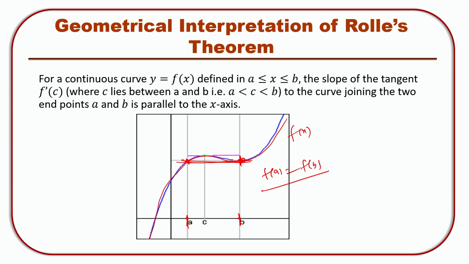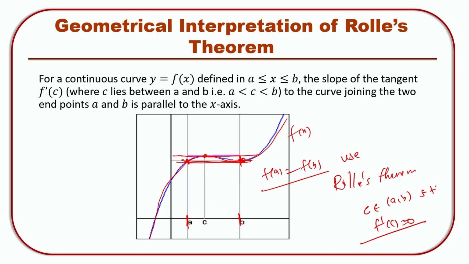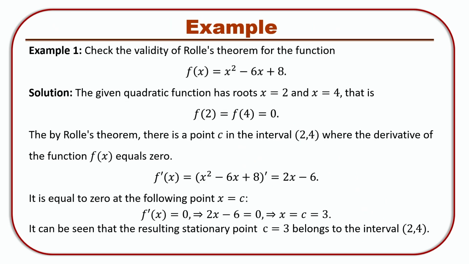So we can use Rolle's theorem, and there must exist some point in (a, b) such that f dash of c is going to be 0, the slope is going to be 0. Look at this point: it has slope 0, because the tangent line is parallel to the axis or to this line as well, right? So that is the geometrical interpretation of Rolle's theorem.